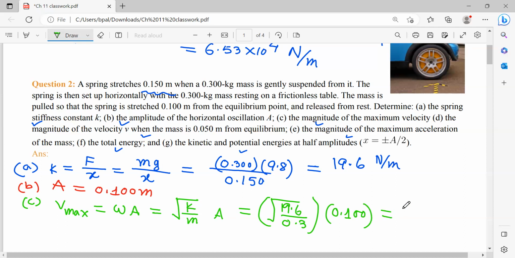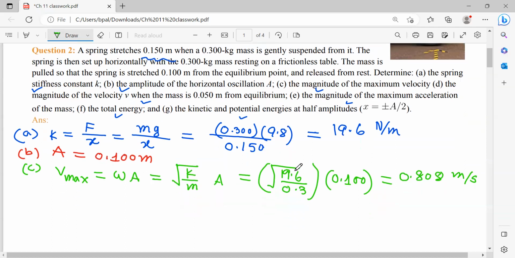If you plug all these values in your calculator, it should give you this value. So we got the spring stiffness constant, the amplitude, and the Vmax.